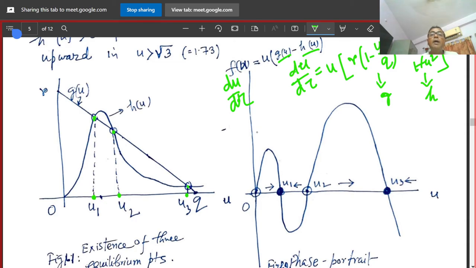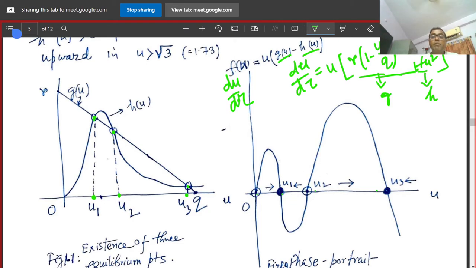Now this is the graph for f(u), that is du/d tau. The first equilibrium point is 0, the second equilibrium point u1, the third equilibrium point u2, and the fourth equilibrium point u3. The first equilibrium point is u equal to 0, and u1, u2, u3 are the roots of the term inside the bracket equal to 0.